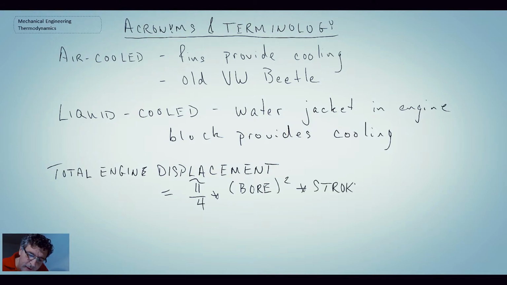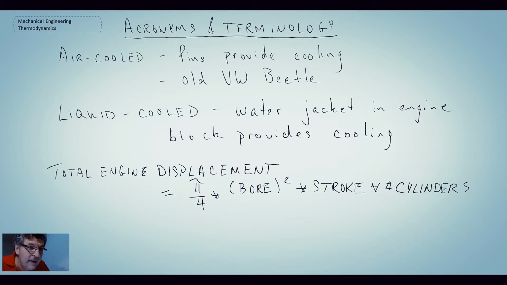So it would be the swept volume, so the bore squared, that's the diameter of your cylinder, and then so the area of that times the stroke multiplied by the number of cylinders. Typically that could be anywhere from a 4-cylinder engine to a 6-cylinder engine.